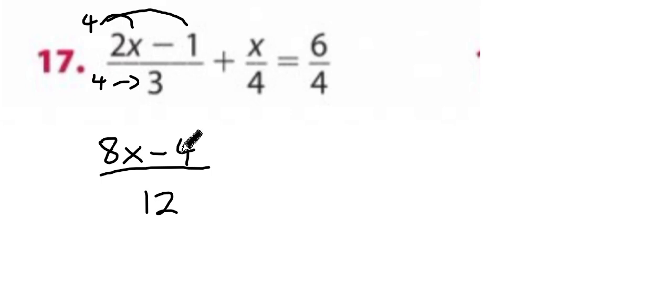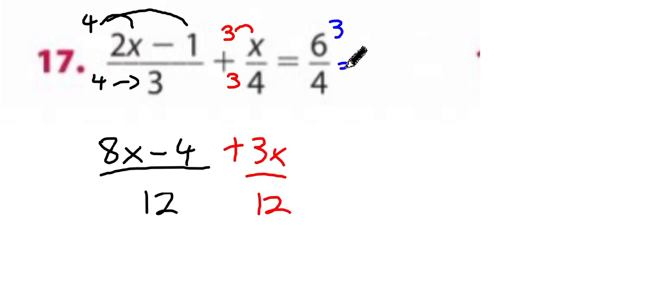Yeah? Okay. Then, did everybody multiply by 3? And did you get 3x over 12? Okay. And then the last one, did you multiply by 3 again? And you all got 18 over 12.